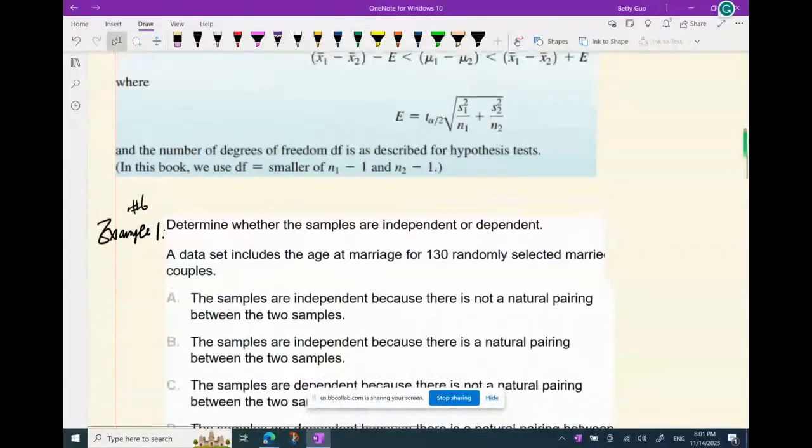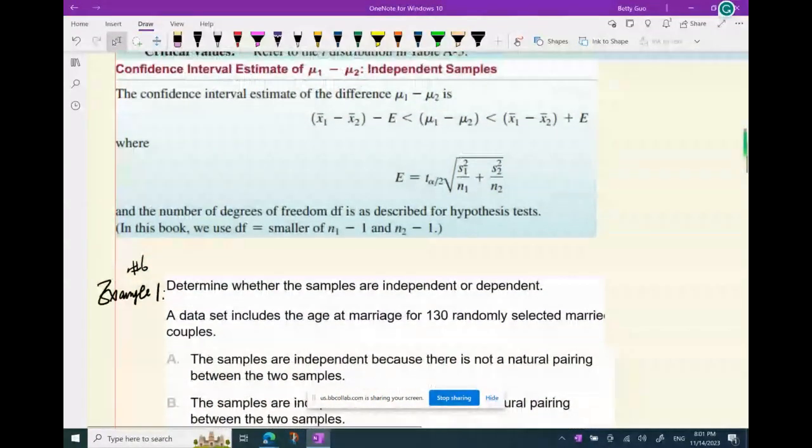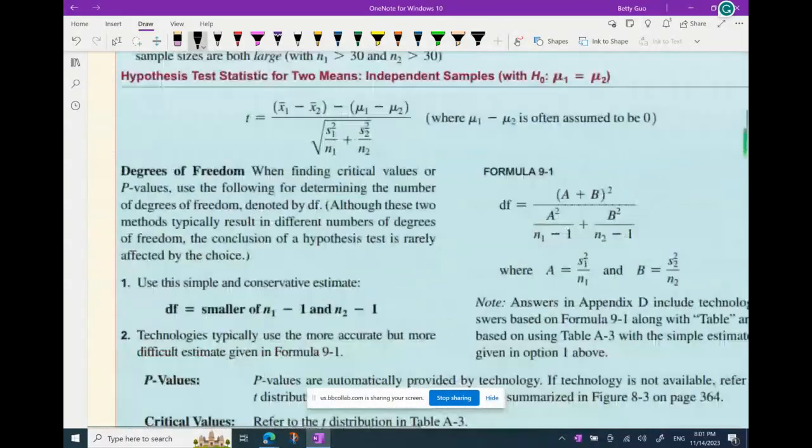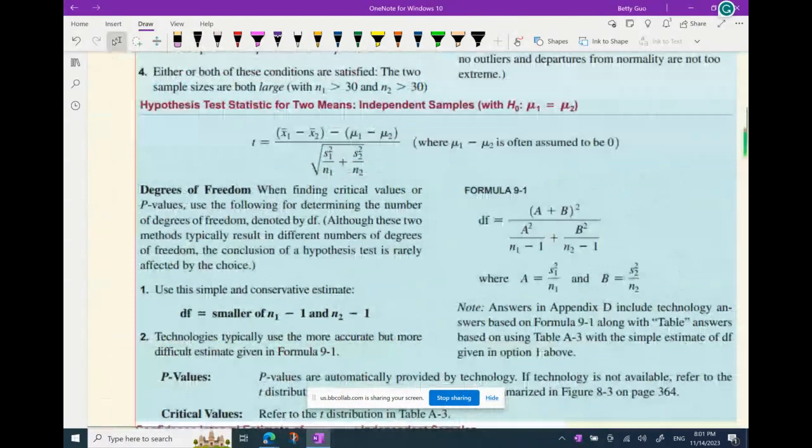We're going to assume sigma sub 1 and sigma sub 2 are unknown, and they are not equal. That's why we cannot use a z-test anymore. We have to use a t-test here. Let's read the requirement.